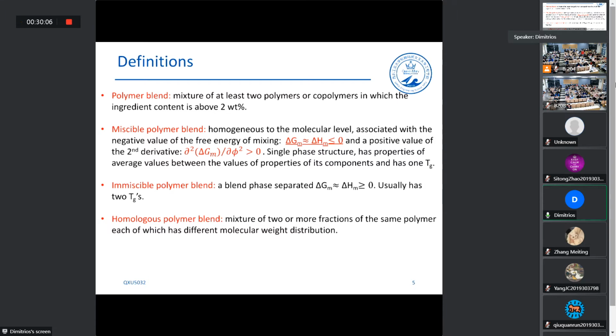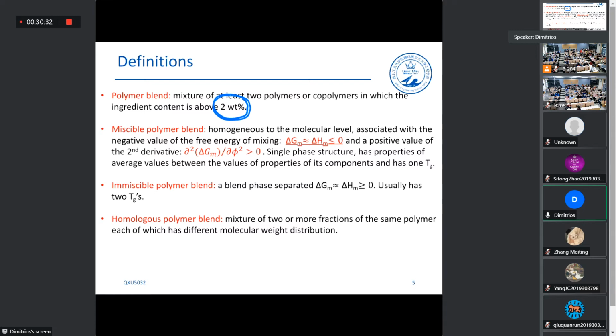So in a polymer blend, two polymers are blended together to create a new material with different physical properties, okay? In order to have a polymer blend, we need to have a mixture of at least two polymers, or copolymers, it doesn't really matter, in which the ingredient content is above 2 weight %.